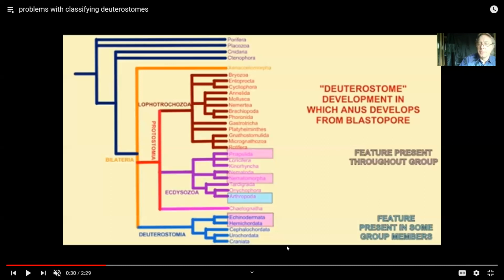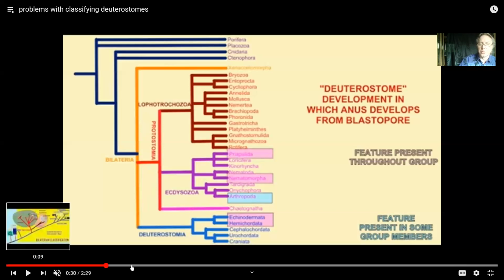And so, therefore, having the first hole develop into the anus is the trait in the echinoderms and the hemichordates. But also, if you'll notice, it's typical in some of the invertebrate groups, which we call protostomes, and even a couple of the arthropods.